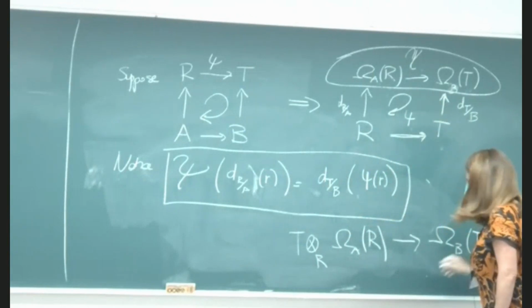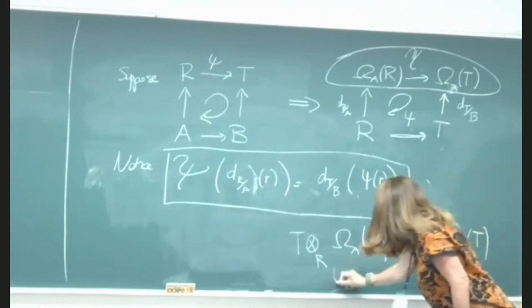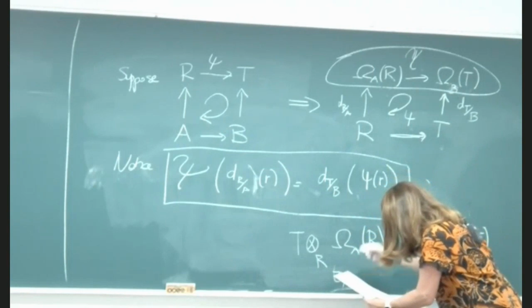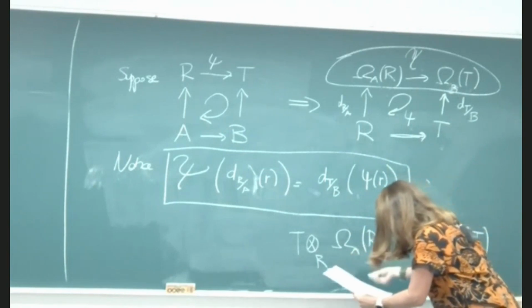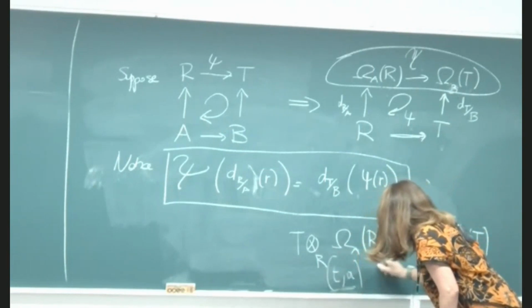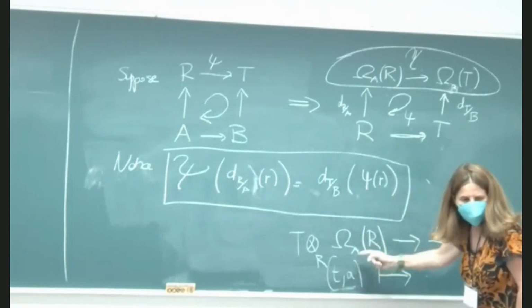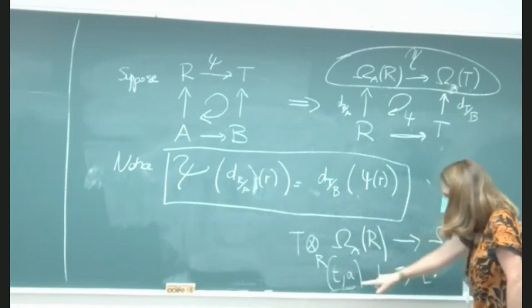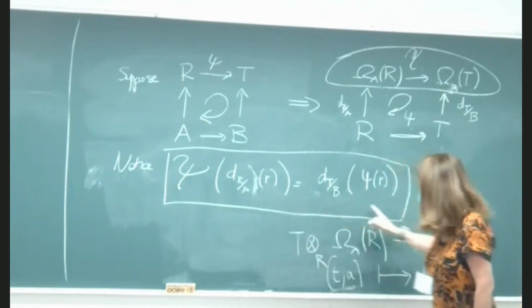And how is it going to work? Simply, you take an element of T here, and you take an element here, any element, I can call it A. And then, because it's a module, it's just a product. You take T, and A is going to go inside with the phi.